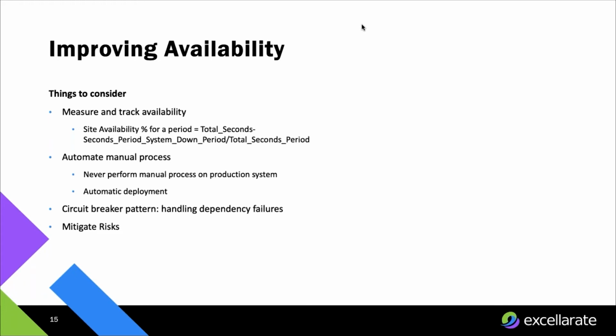Similarly, automate it and make sure it goes through version control. We also need a process where whatever fix we are applying is reviewed by a third party or another team, then goes through version control to keep that history, and then deployment should be automatic. That's another thing we need to make sure of.